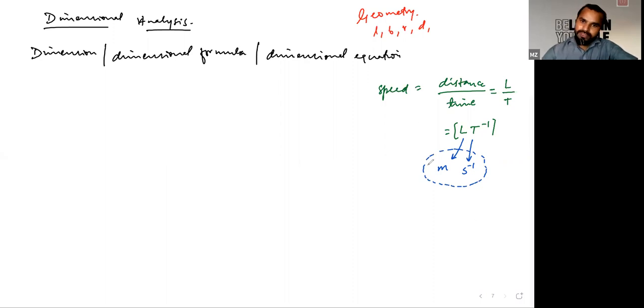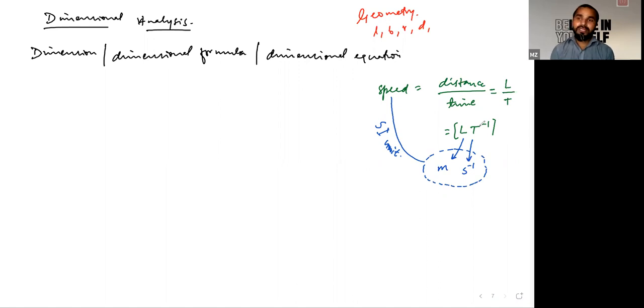You must have learned about this, the SI unit of speed. So from this, we can define the SI unit of speed is meter per second. Now, this whole is defining something. Any physical quantity like speed, if it is represented in terms of fundamental quantities raised to powers like 1, -1 or -2, such that this representation defines the SI unit of that given quantity, then this representation is called dimension.